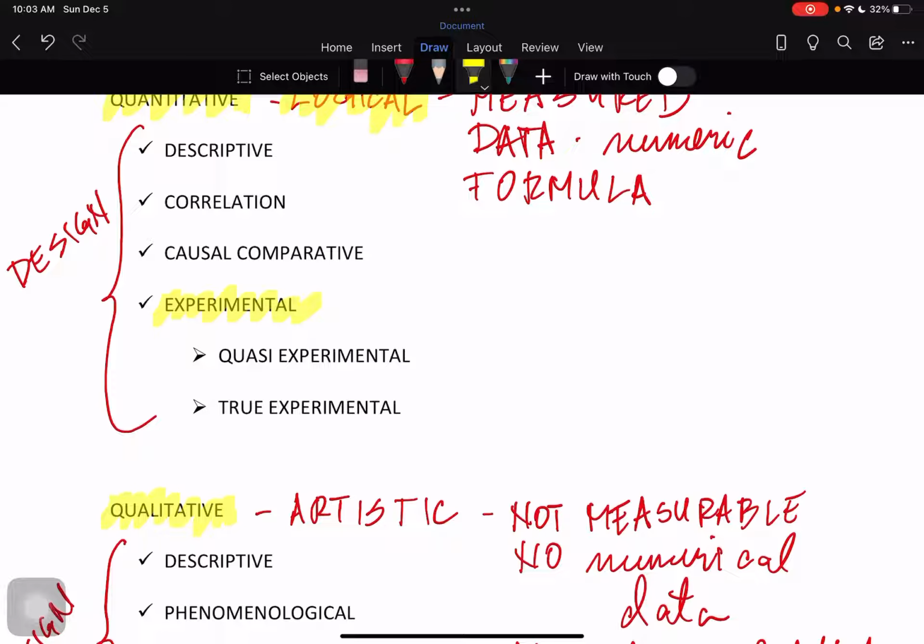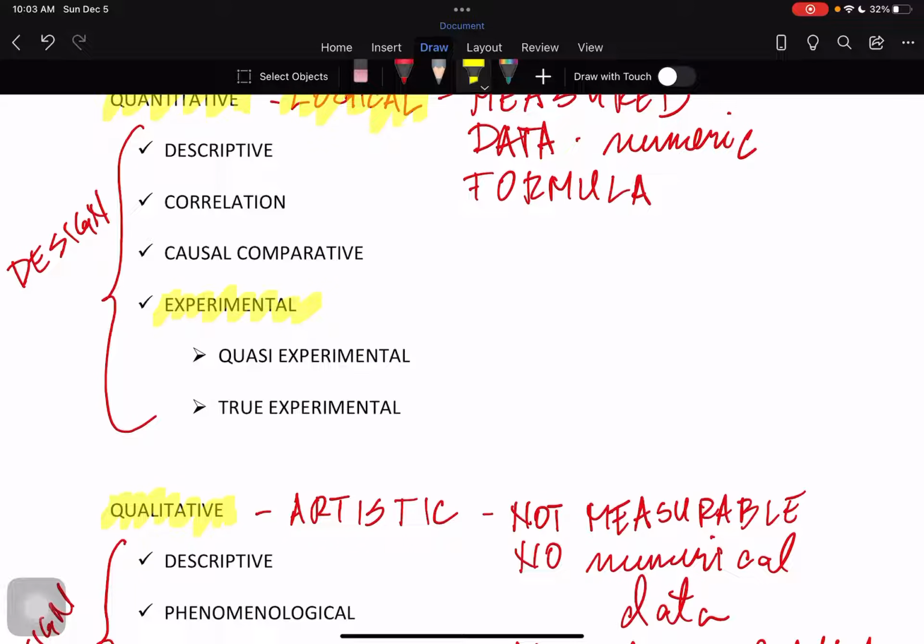So that is the characteristic of quasi-experimental. In contrast with true experimental, true meaning the respondents are not manipulated. They are genuinely as is, where is in terms of their grouping. You do not in any way tamper with the respondents in a true experimental research.